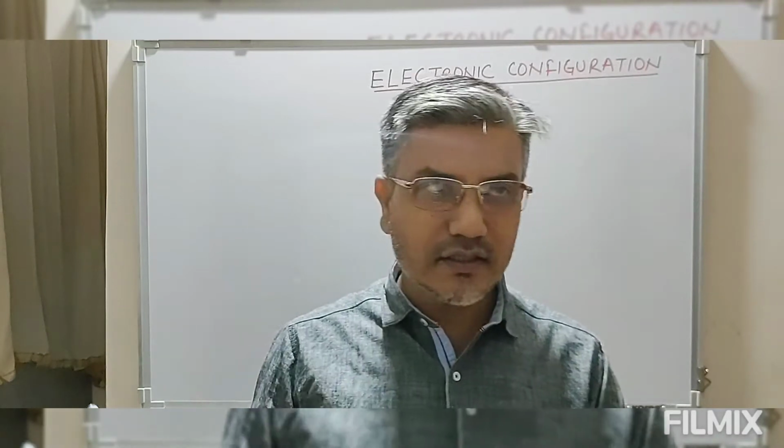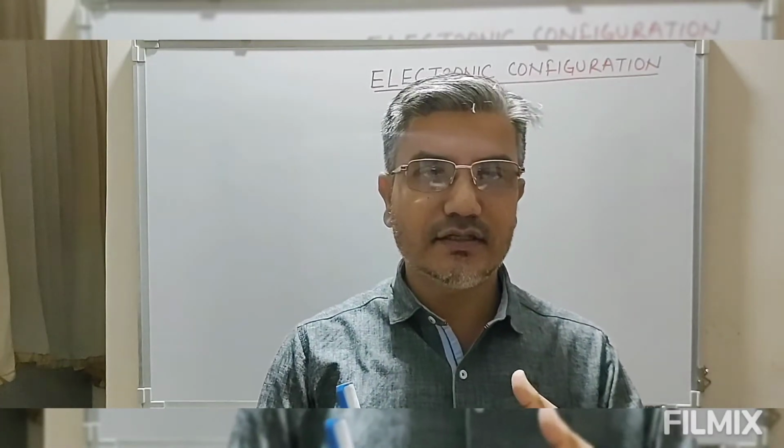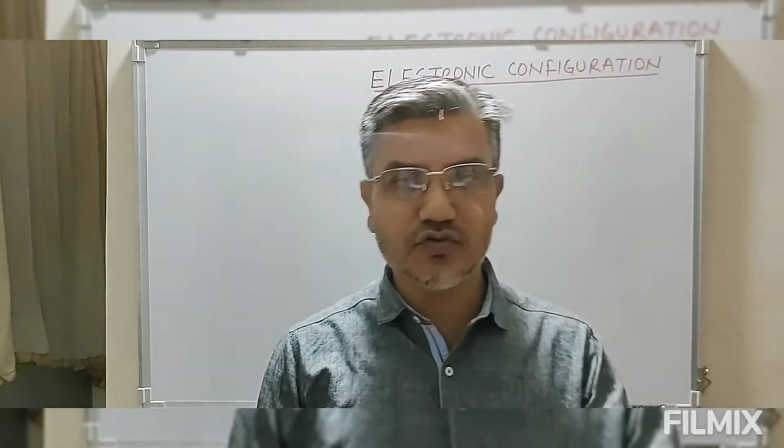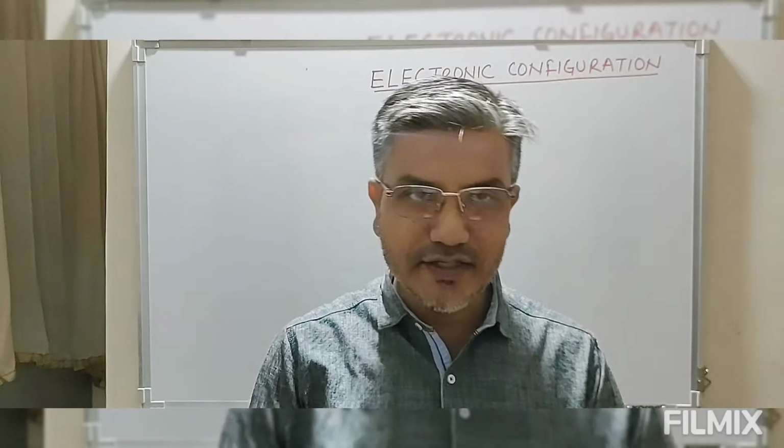Now, in earlier videos, we have discussed orbitals, that is the region or the place where the electron probability is maximum. We have gone through the concept of orbitals. So now we are going to place electrons in these various orbitals.